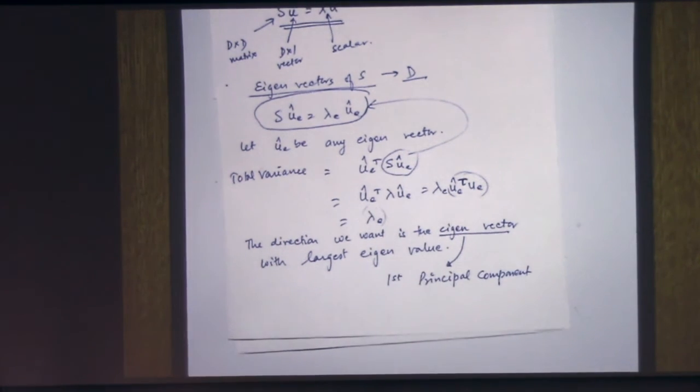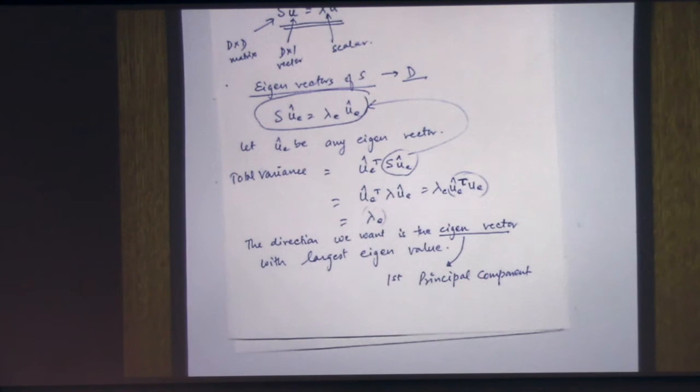So if I give you a data set, and you center it, compute its covariance matrix, and find its eigenvector which has the largest eigenvalue, then if you embed your data in that direction, that will give you the maximum variance. So that is the best direction to embed your data in if you want maximum variance.